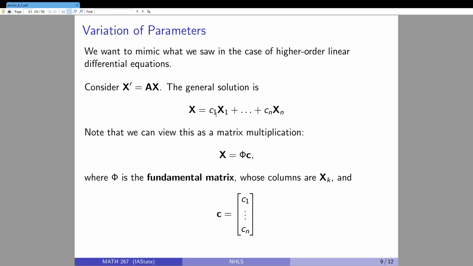So rather than replacing C1 to Cn with unknown vectors V1 to Vn, which we need to be careful about how we choose, instead we're going to let C vary. So we're going to do this matrix times a vector that is allowed to vary.